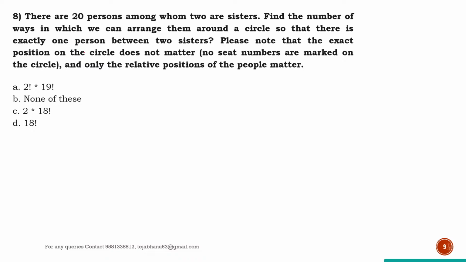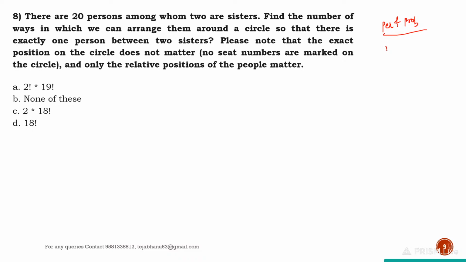We have to arrange them in a circle. See, this is a question from permutation and combination. He is asking to arrange the 20 members, in which two are sisters, around a circular table.